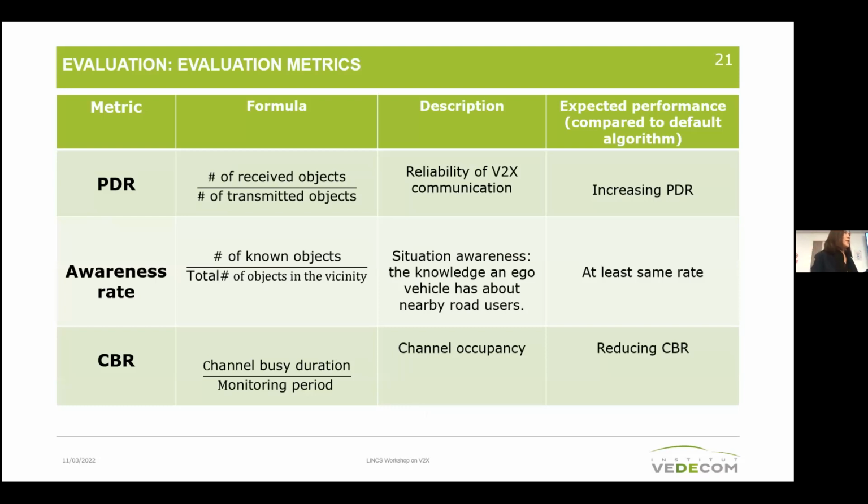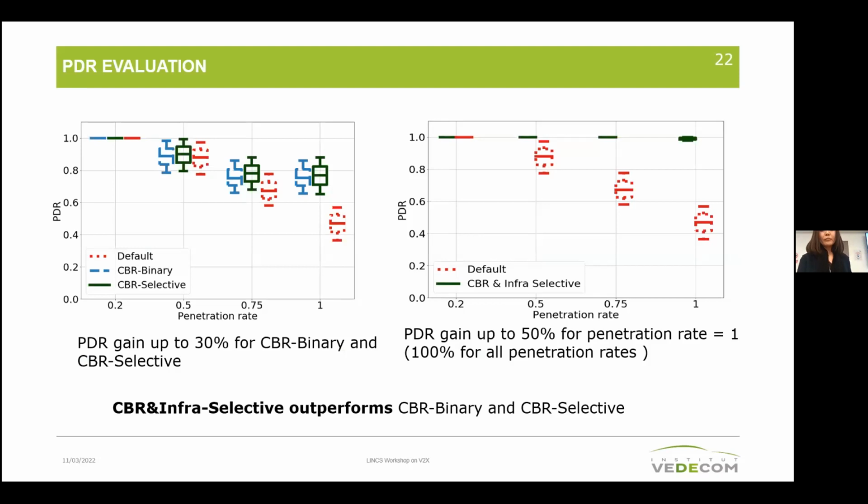Finally, the CBR, channel busy ratio. The objective is that we want to increase PDR, and reduce CBR if possible. For awareness rate, we want at least the same level as the default, because default is an aggressive algorithm that always sends, so awareness rate is generally quite high. That's the objective.